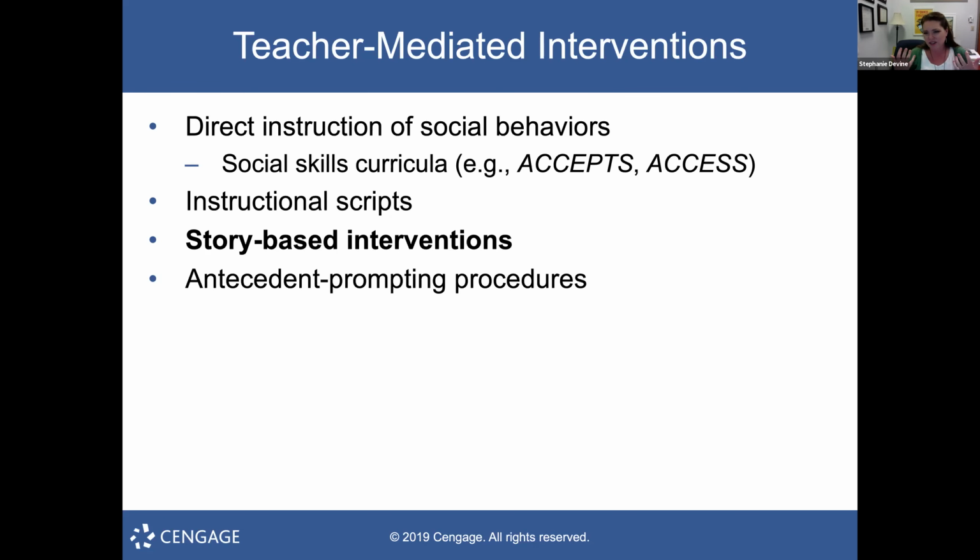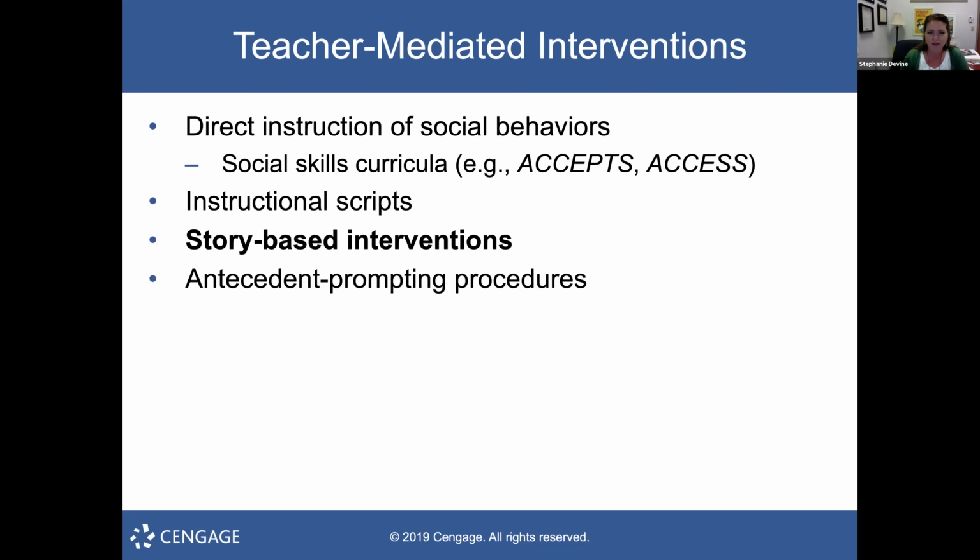You can't just teach a social skill using a story and stop there and expect it to become something that a student applies. So it should be part of a comprehensive direct instruction plan used with antecedent prompting, which we're going to talk about in a second, and or peer-mediated interventions.